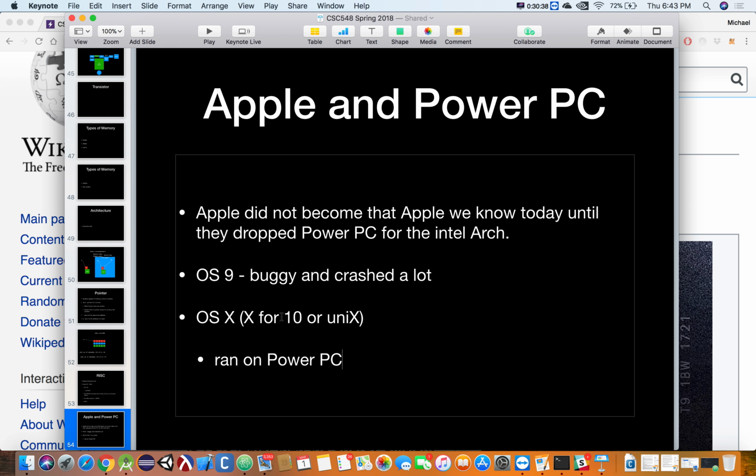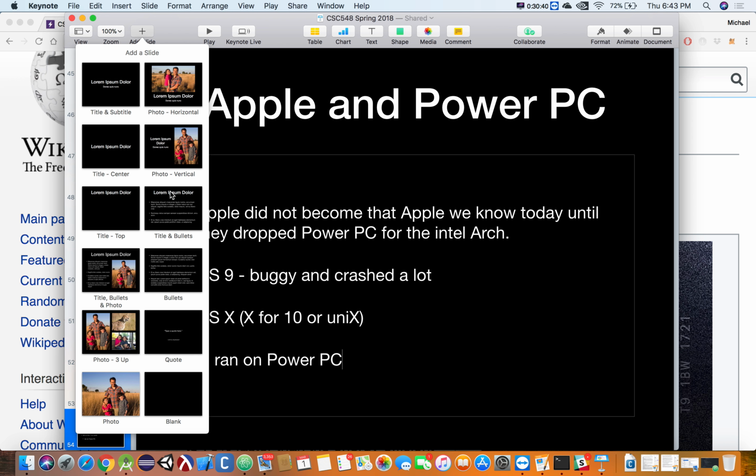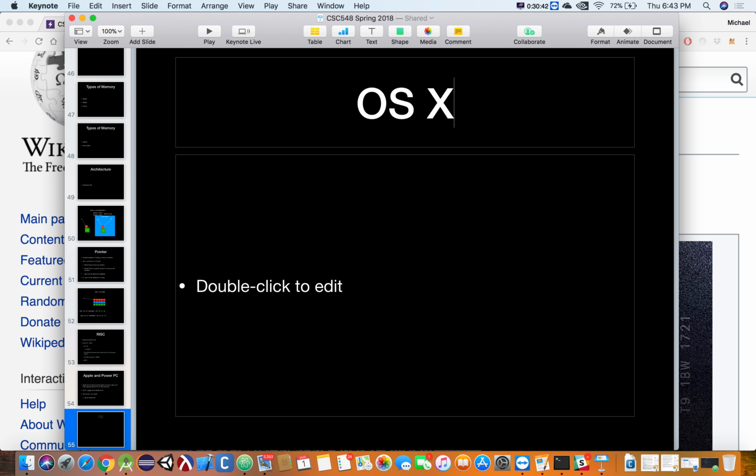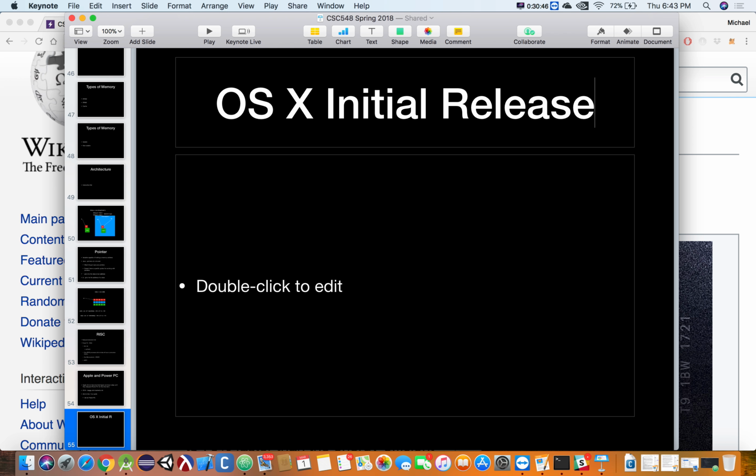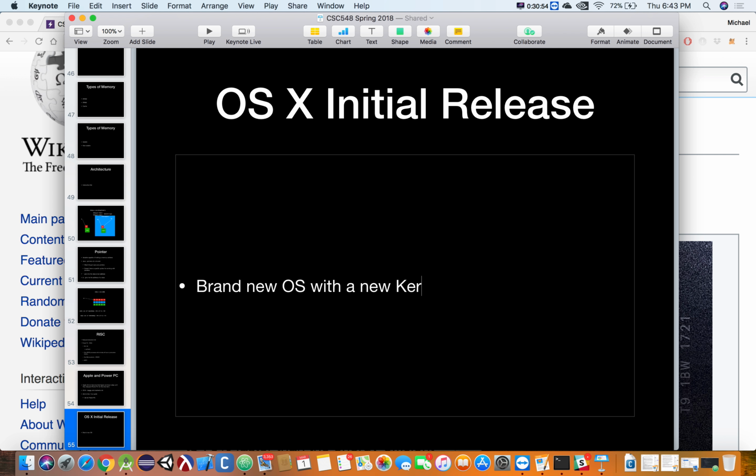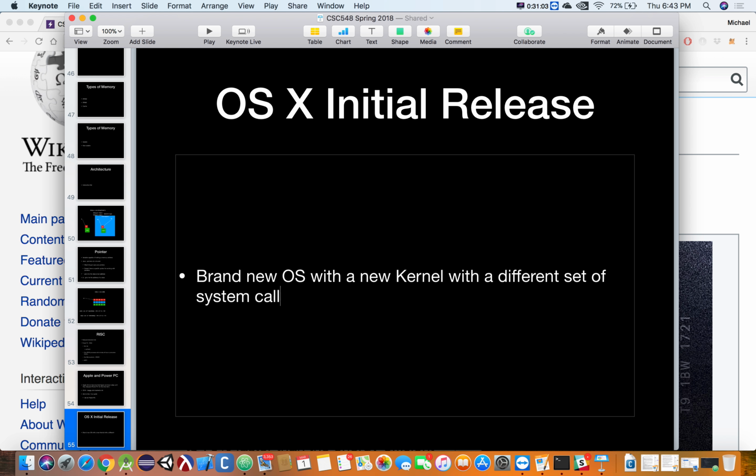So when they released OS X, this was a brand new OS with a new kernel with a different set of system calls. What does that mean for us?